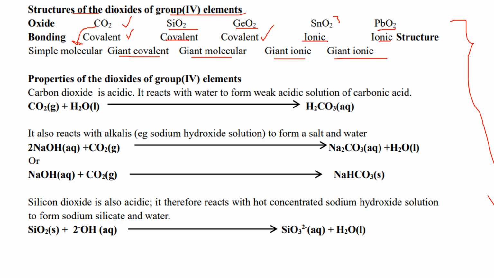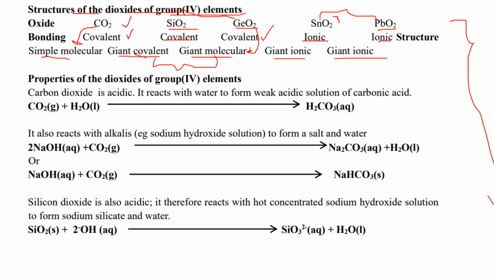So notice that when you're summarizing, tin oxide and lead oxide both have giant ionic structures joined by ionic bonds, and the rest are joined by covalent bonds, but they differ in their structures: carbon dioxide has a simple molecular structure, silicon dioxide has a giant covalent structure, and germanium oxide has a giant molecular structure. Most of the times, silicon dioxide and germanium oxide have the same structural configurations.